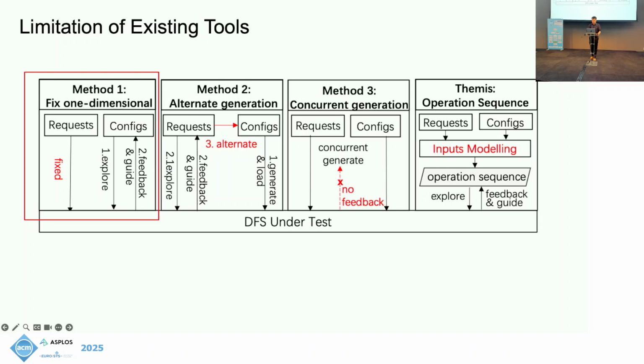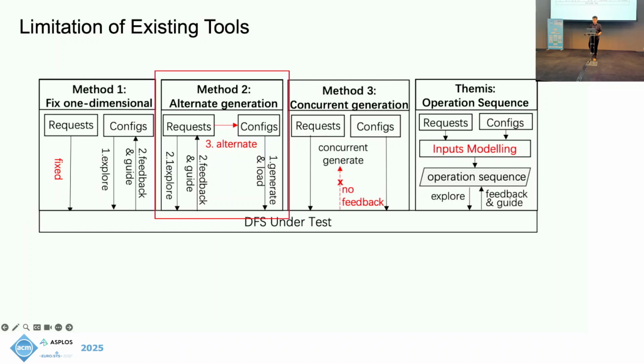The first method to handle two-dimensional testing inputs is to just fix one input. This is a straightforward approach to fix one type of input space and explore the other dimension. However, this approach fails to explore the combinations of request and configuration inputs, and this can result in ineffective detection of imbalance failure bugs.